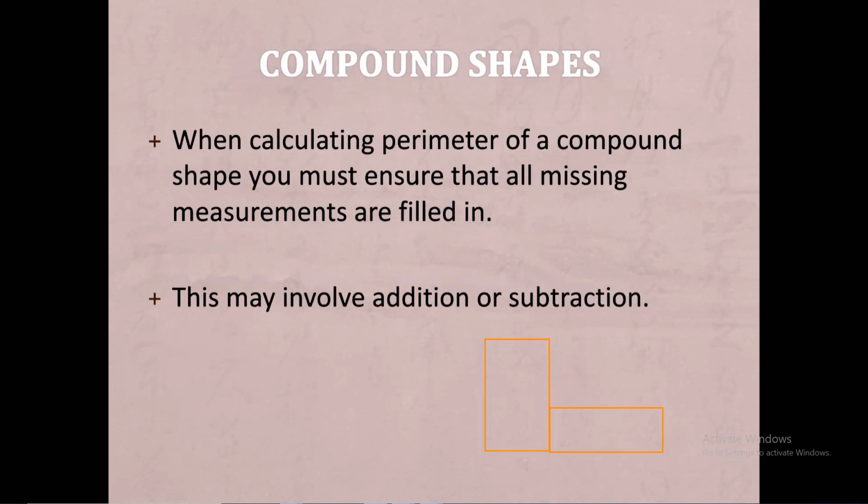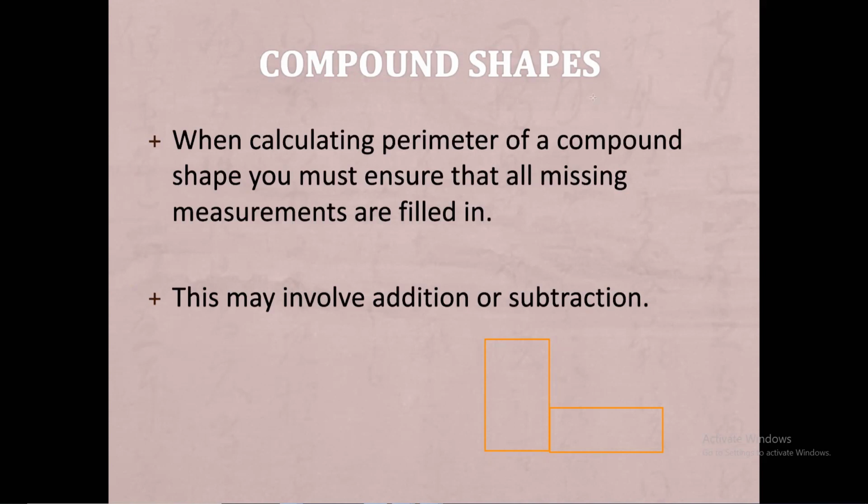So when you are doing compound shapes, a lot of the times what they do is that they give you numbers and they tell you find out the perimeter. You need to find out any numbers that are missing before you find perimeter.